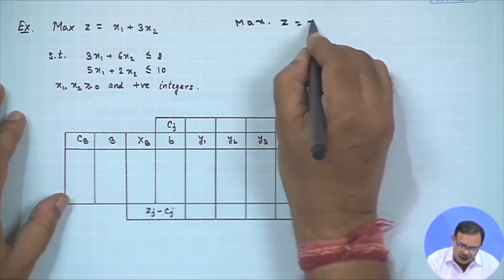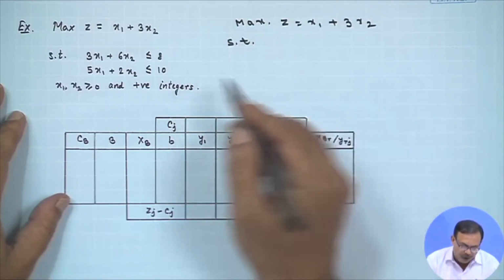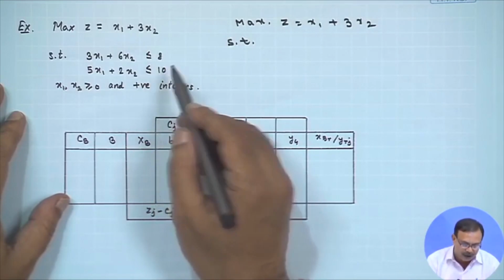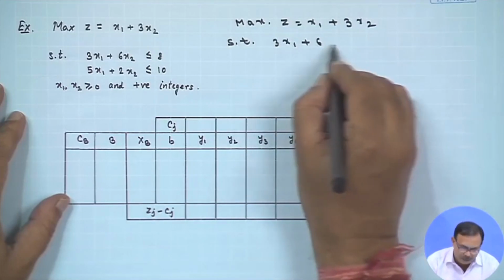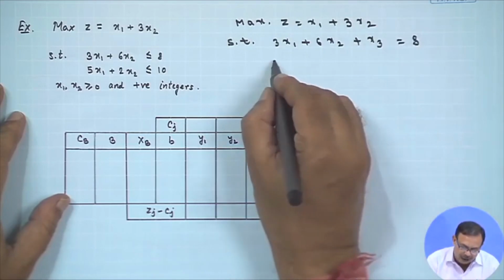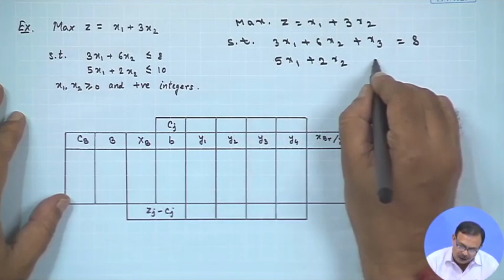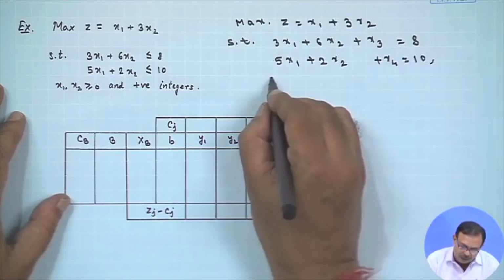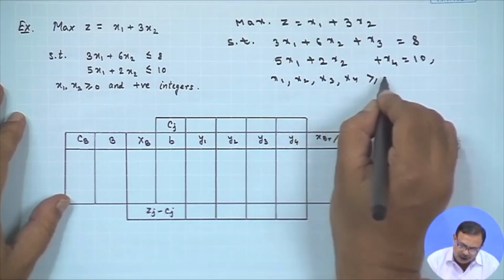Maximize z equals x1 plus 3x2 subject to, since both are less than or equal to type equations, introduce slack variables to make them equalities. So, 3x1 plus 6x2 plus x3 equals 8, and the next equation is 5x1 plus 2x2 plus x4 equals 10, and x1, x2, x3 and x4 are greater than or equal to 0.